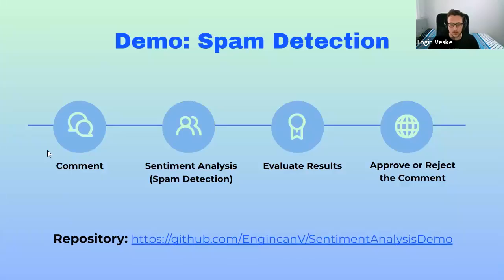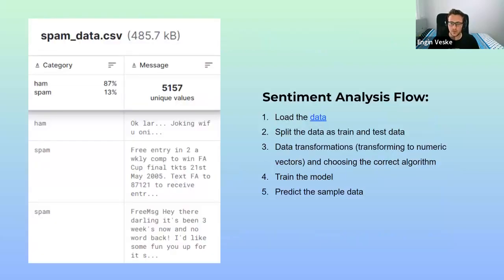And this is our 4th step, to implement and apply our logic, right? If we look at these 4 steps in terms of machine learning, we can create a flow. For example, to apply sentiment analysis, obviously we need an input. We need to have data. I found data called spam_data.csv, and as you can see, we have 2 columns in this data: category and message.